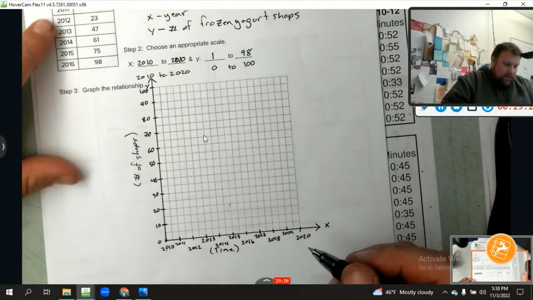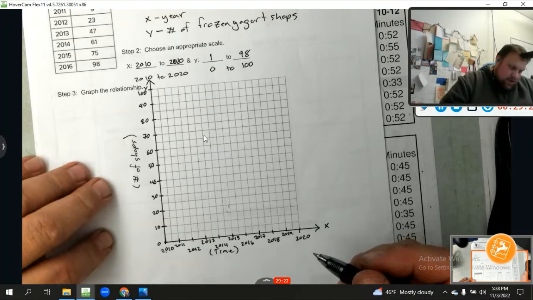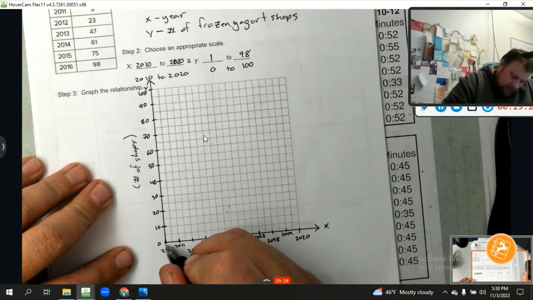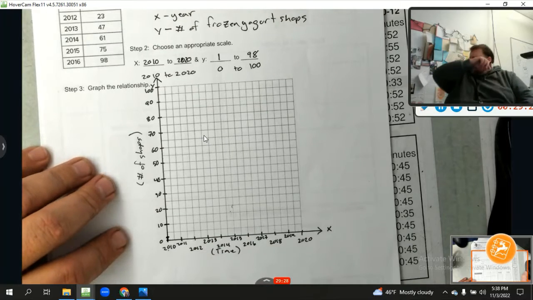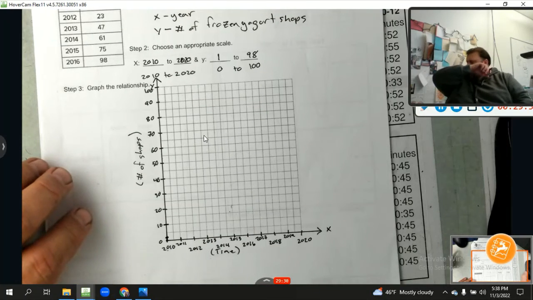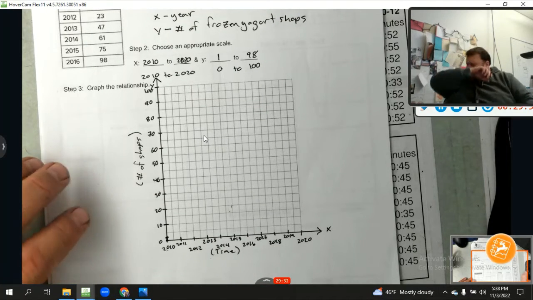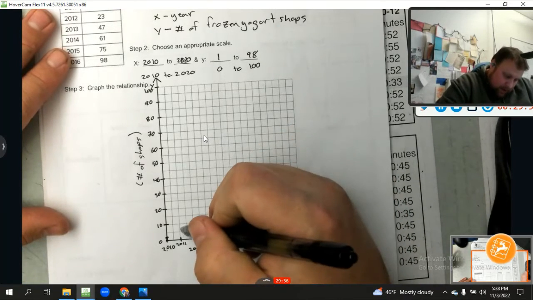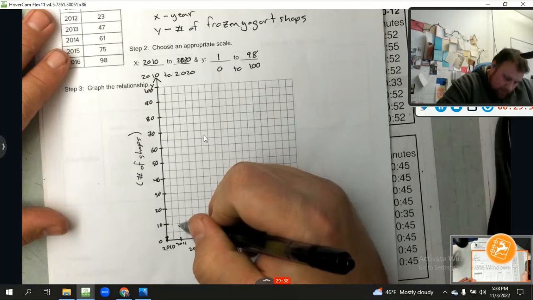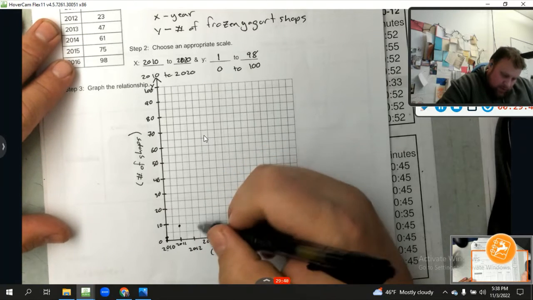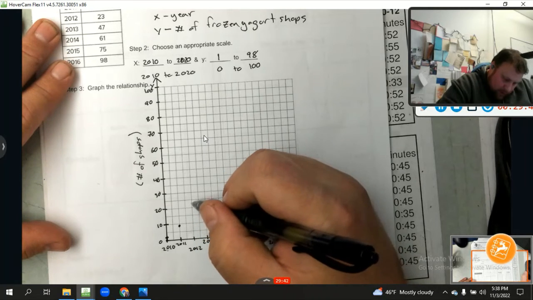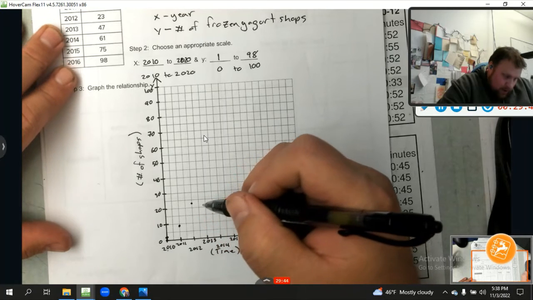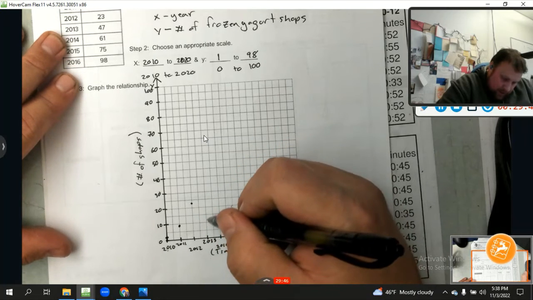And let's go ahead and graph all our points now. So we see in 2010, so just to the origin here, there's only 1. So that's about right here. Excuse me. In 2011, right here, we have 9, just a little bit before 10. In 2012 is 23. Whew, we really shoot up there. And 2013 is 47. There we go.